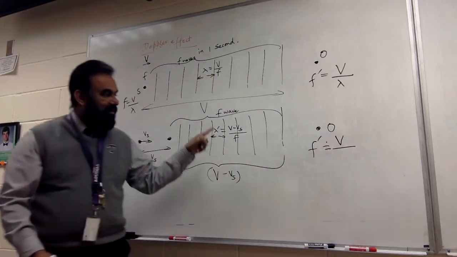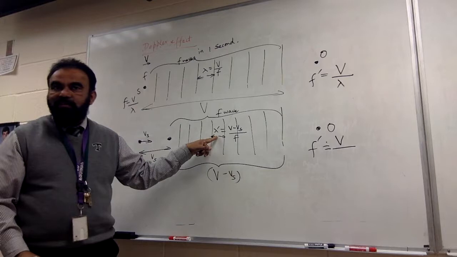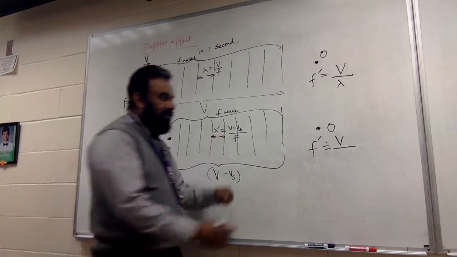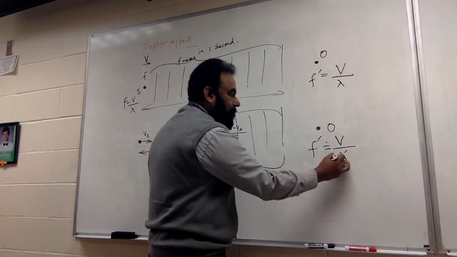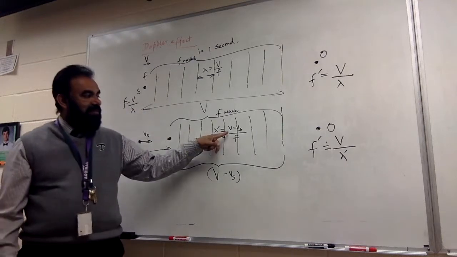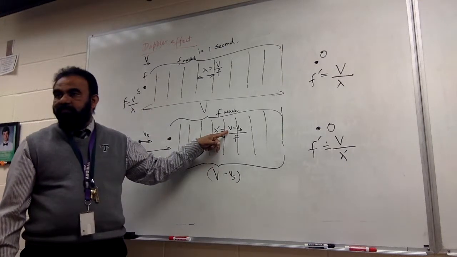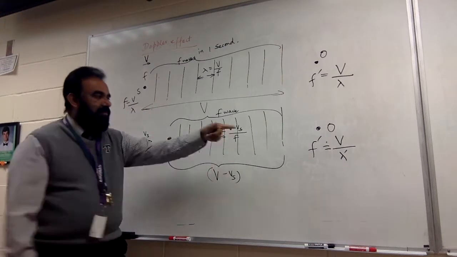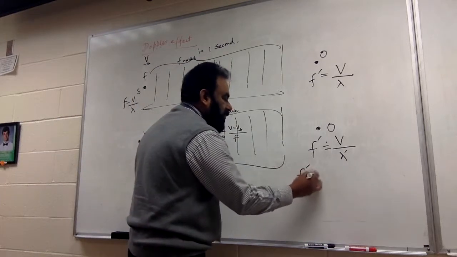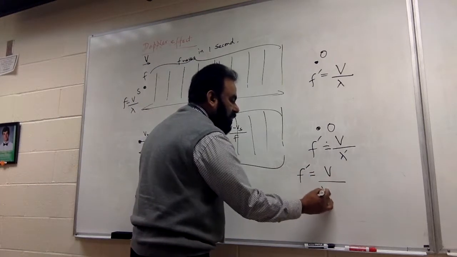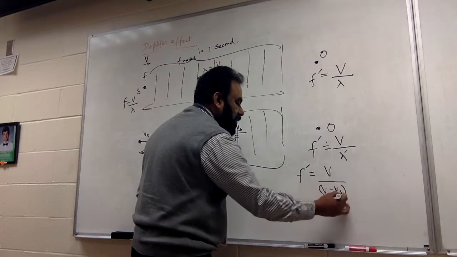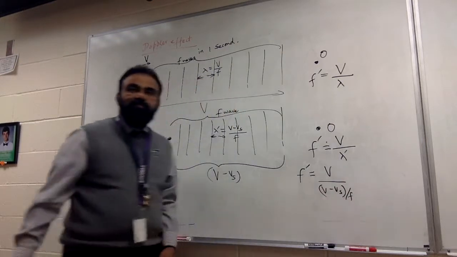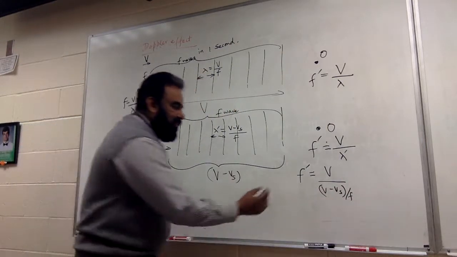What is affected? The wavelength. So the wavelength is lambda prime. And how much is lambda prime? Put that there. So F prime is going to be V over V minus Vs over F. And that brings us our equation.